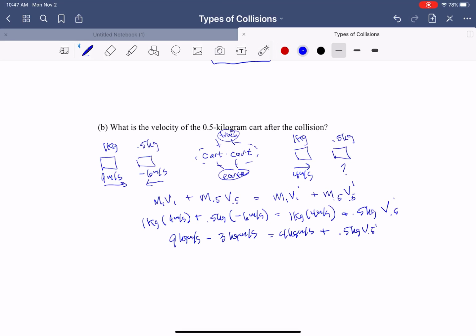So that ends up being 6 kilogram meters per second minus 4 kilogram meters per second, divided by 0.5 kilograms. That's the new velocity of my 0.5 kilogram mass, and that ends up being 4 meters per second.